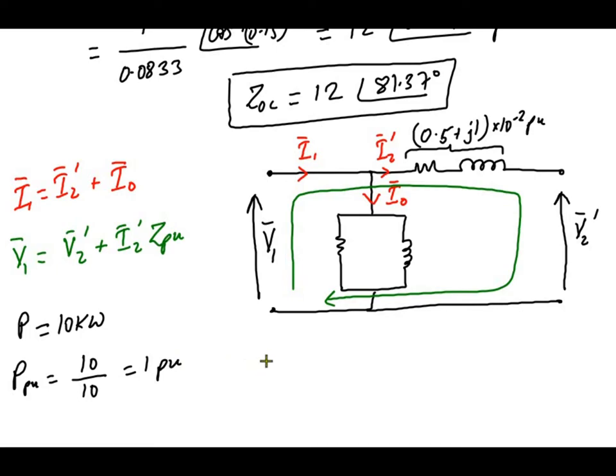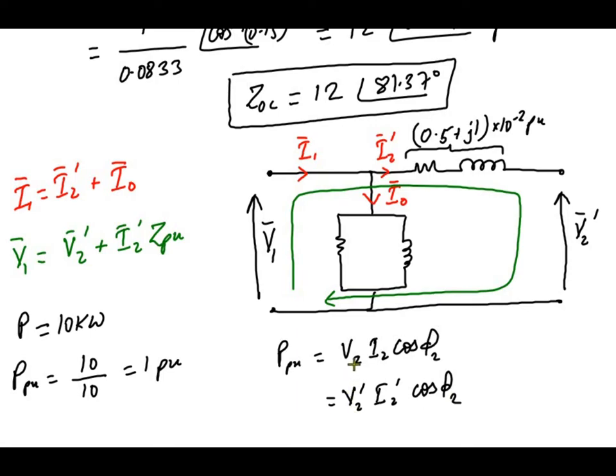Now this power P in per unit can be written as V2 I2 cos phi 2. Also, it can be written as V2 dash I2 dash cos phi 2. Why?